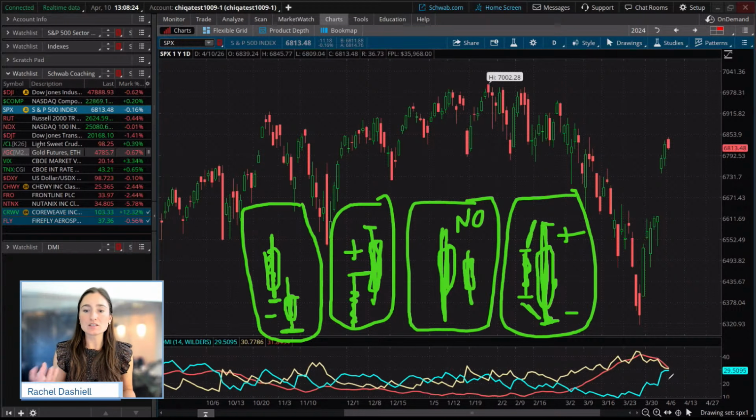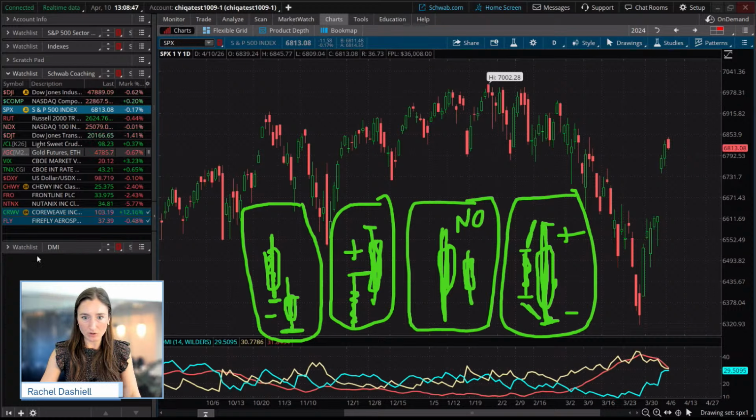All three of these indicators obviously have a more complex calculation than what I'm showing you here, but these are the basics of how that indicator comes to its outputs. These are all going to tell us different things about the direction of the trend. So let's break this down a little bit more.